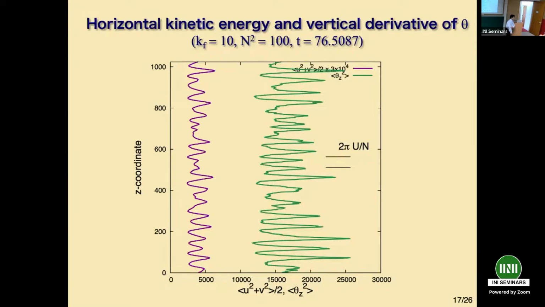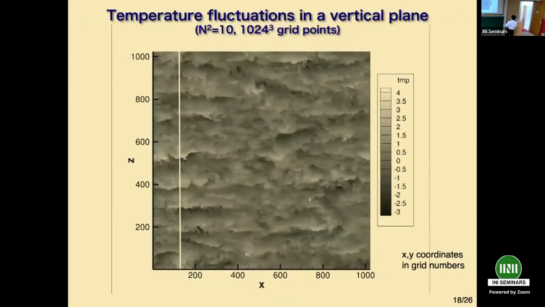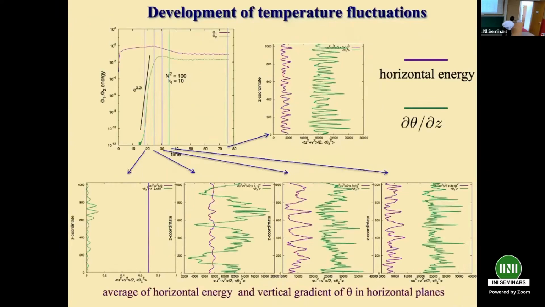In your previous slide, you seem to have an indication that maybe selecting the forcing scale, is it somehow, you mean depending on the forcing?